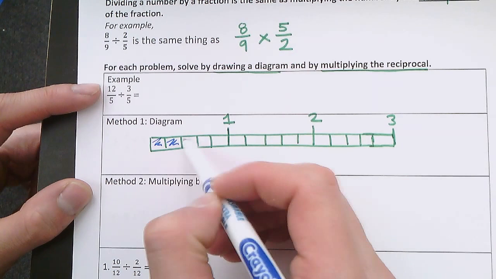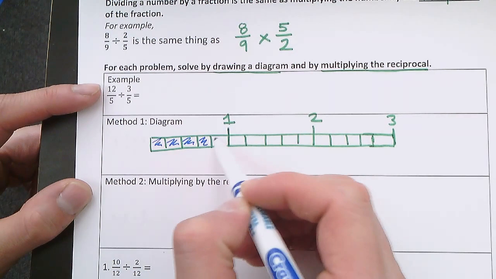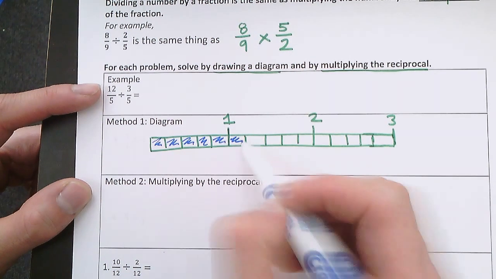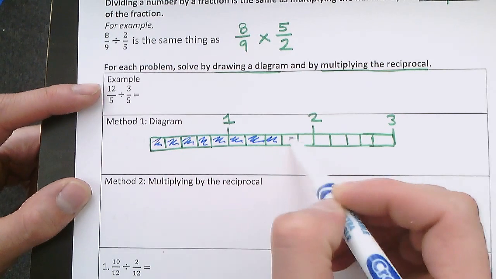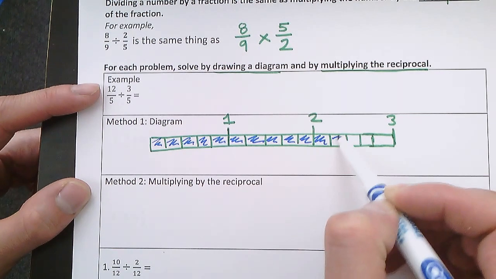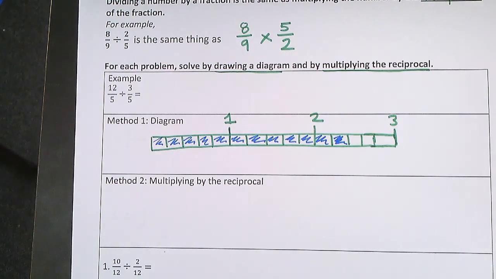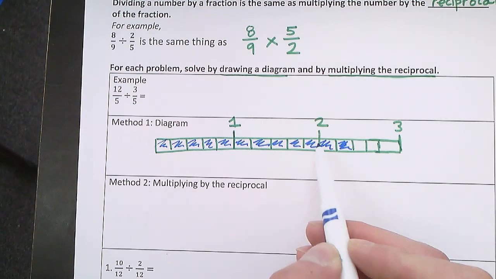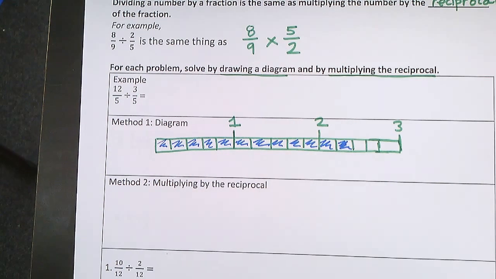That's our 12/5, which is the same thing as 2 and 2/5.